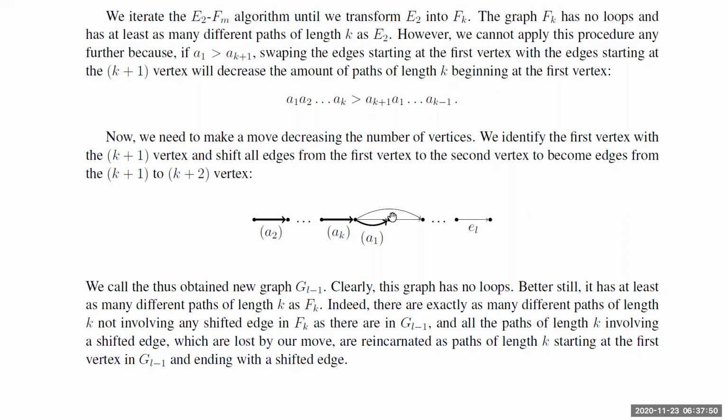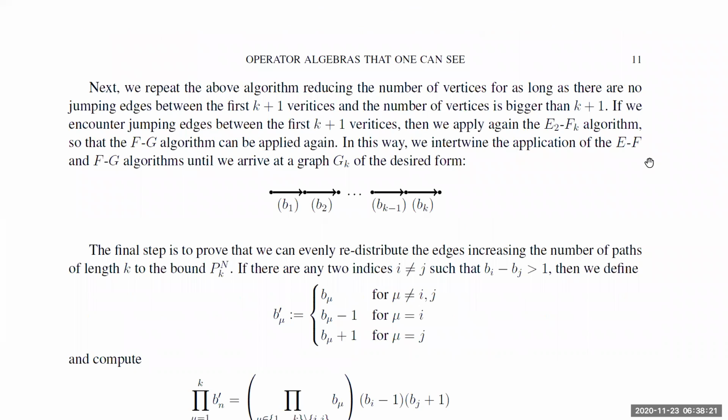Well, but we cannot have any jumping edge, because the jumping edge can only begin at the k plus first vertex. But for this to be a jumping edge, there must be at least a k plus second vertex. Otherwise, it cannot jump over the k plus second vertex. Right. So if L is equal to k+1, we are done. There are no jumping edges anymore. So we have a path of length k+1, but no jumping edges.